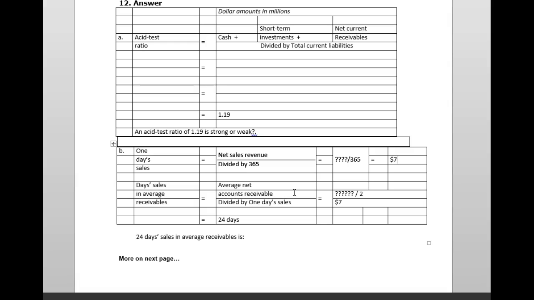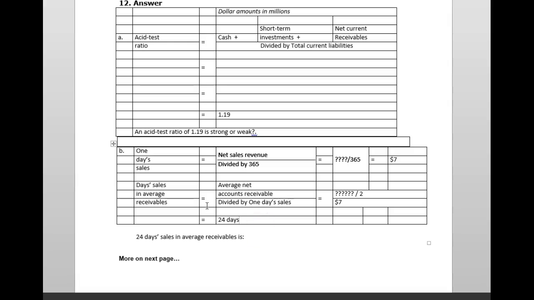You add those two together and divide by two, and that'll give you the average net over that year's period. And then you divide that number by the sales per day, and then that will give you what we're looking for when you look at the days sales in average receivables, because you're looking at what is our average sold per day, right? And then taking the average of the net receivables to come up with a day amount.